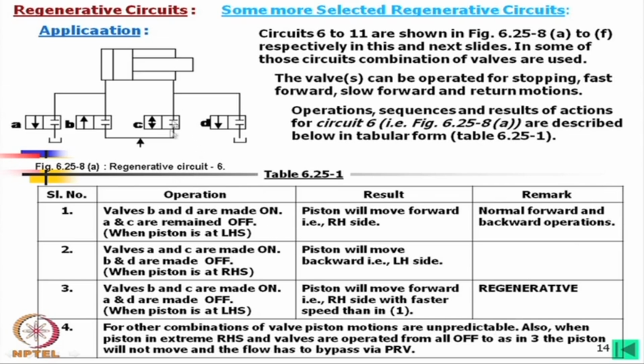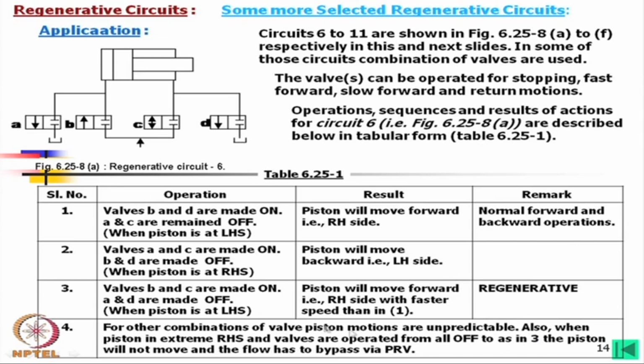That means, if we connect in other combinations, maybe C, D or any at random, you will find that it is not moving, or it may move in one direction depending on the resistance here being less than the resistance for the flow through any valve returning to the tank.